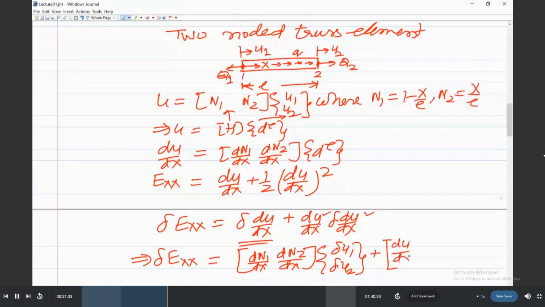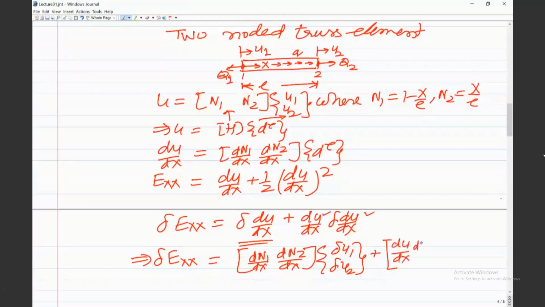So du by dx into dN1 by dx is the first column, and du by dx into dN2 by dx is the second column, and then we have delta u1, delta u2. So this is what we will have.